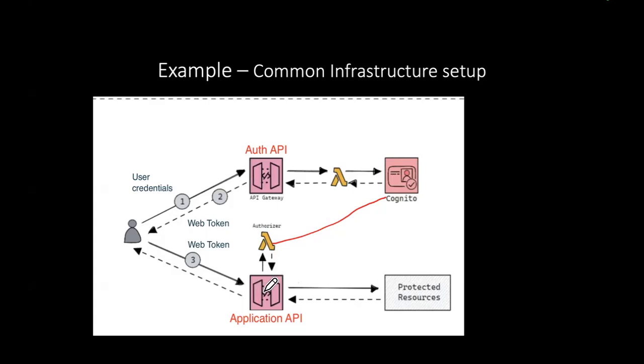The policy would be a deny policy if the token was invalid. So it's kind of nice that we're actually using AWS's own security service to communicate that fact between the authorizer and the gateway.